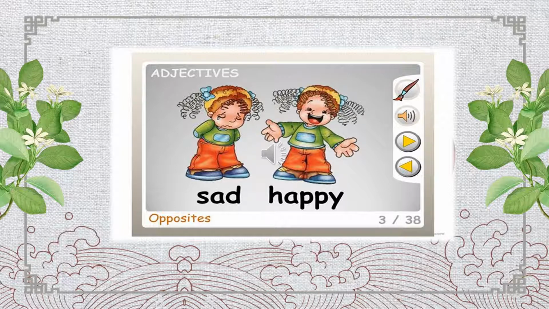And how the another girl is? The girl is happy. So these two words, sad and happy, are opposite of each other, plus they describe the condition of the girl, the feelings of the girl, whatever she is feeling at the moment. So these are describing words.